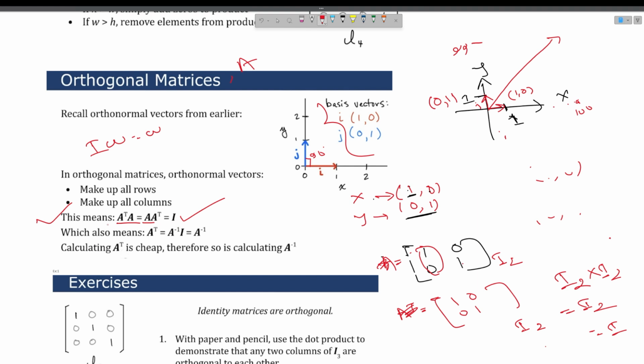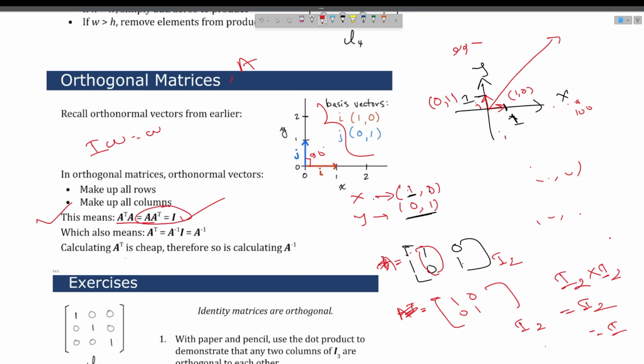But for other matrices which are not identity matrices, there is some problem. In this case we use basis vectors, but in general it's the basis vectors which form an orthogonal matrix. Otherwise it's not that easy to form one.